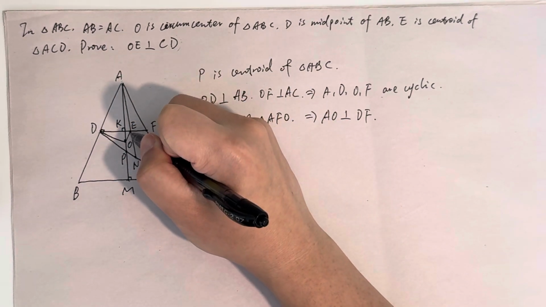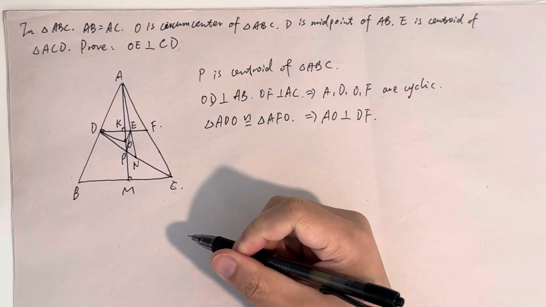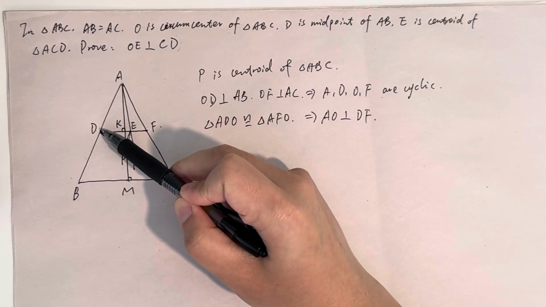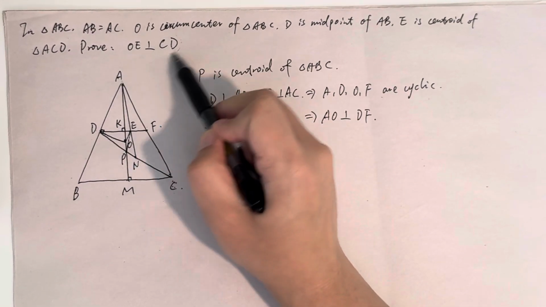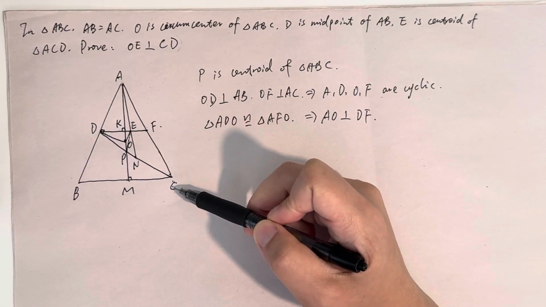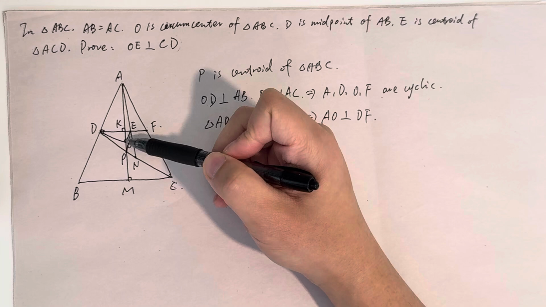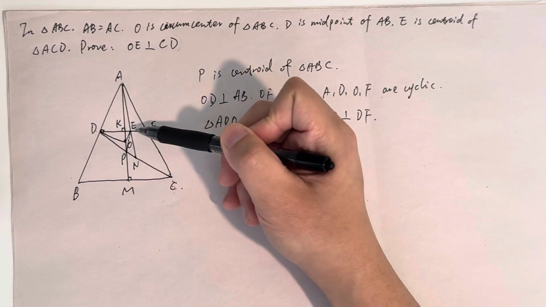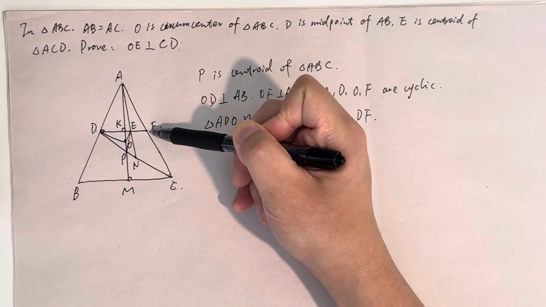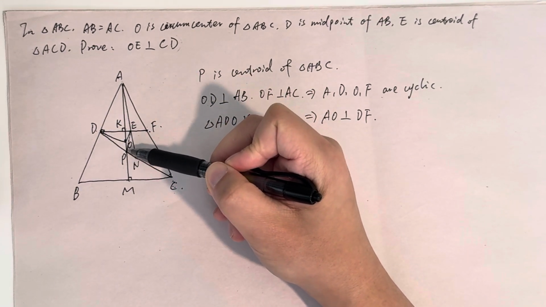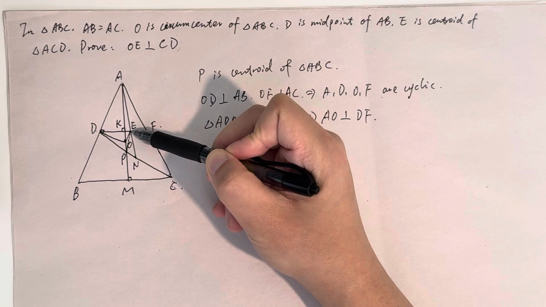So let's connect PE here. If we can prove that O is the orthocenter of triangle DPE, we automatically get the conclusion that OE is perpendicular to CD, right? And for this point, we already know that PK is perpendicular to DF. We just need to prove that DO is perpendicular to PE, right?